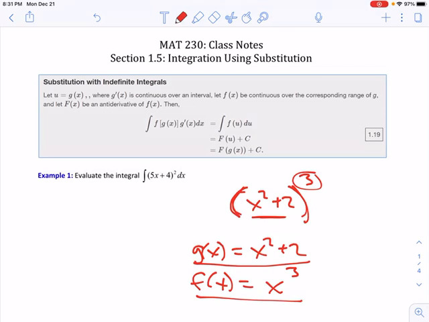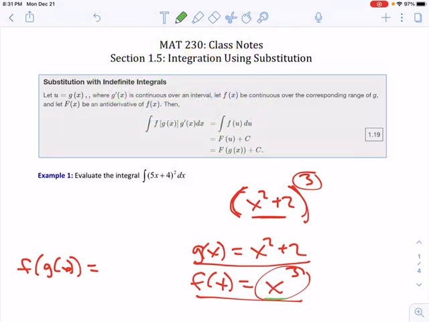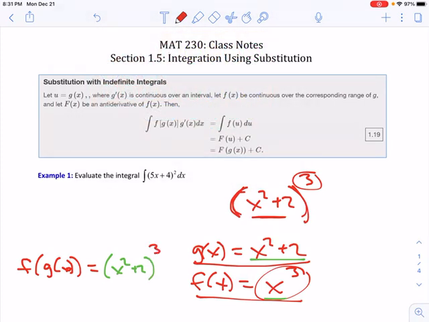When we create a composite function, f of g of x, we take the function f of x, take out the variable x, and put in x squared plus 2 in its place. So we have x squared plus 2 raised to the third power as a composite function.